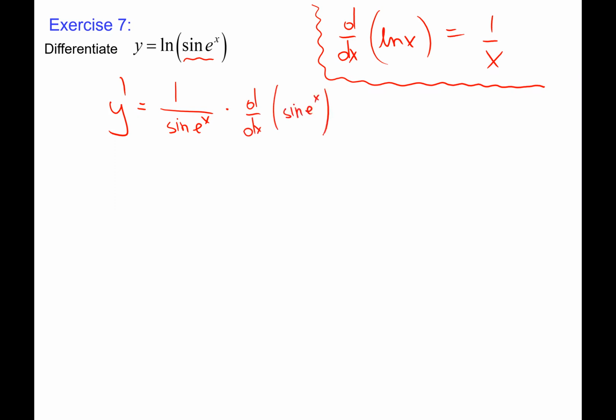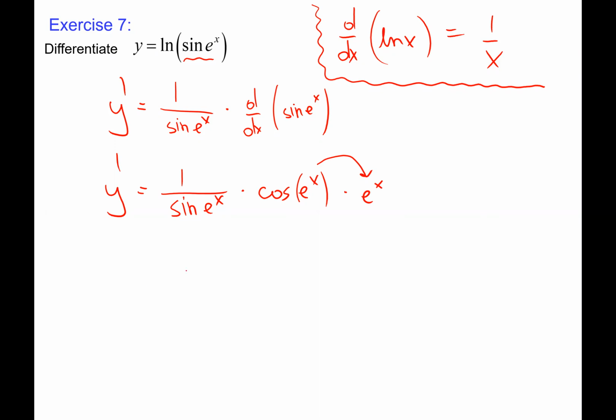Derivative of sine of e to the x is cosine of the same angle, cosine of e to the x, times derivative of the inner function, which is derivative of e to the x, which is just e to the x.